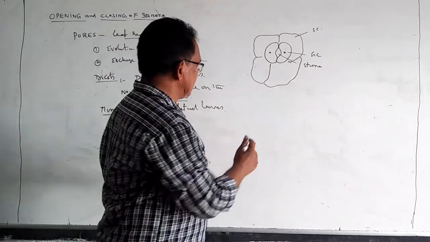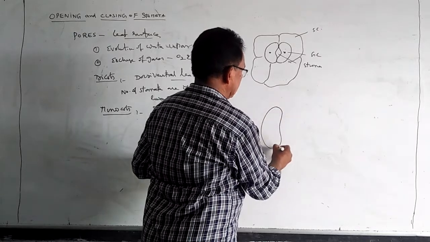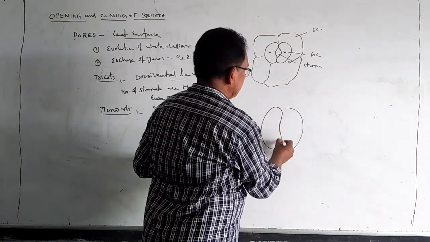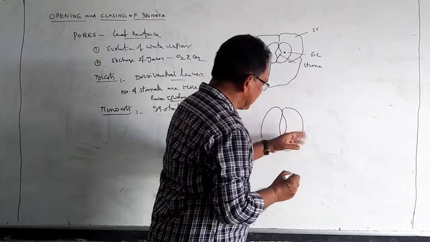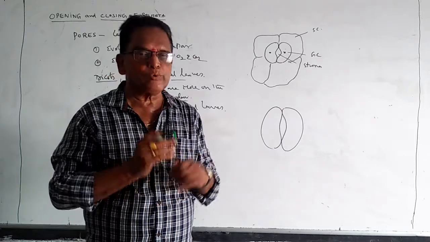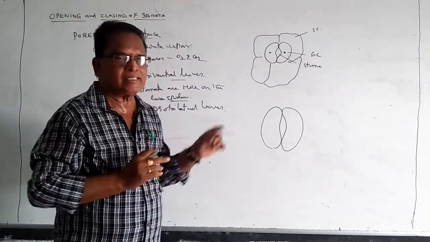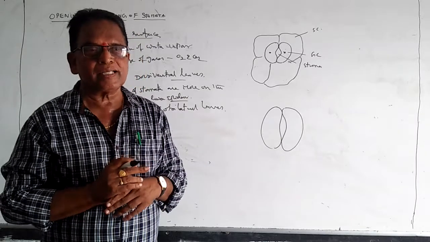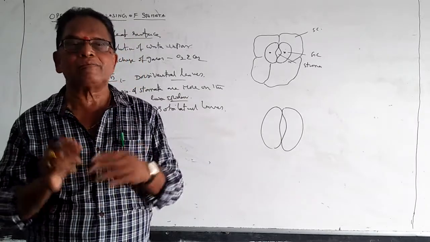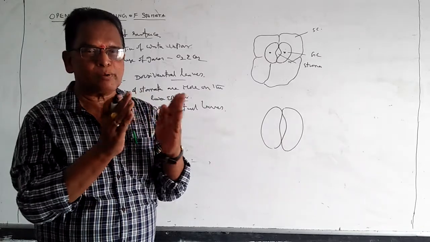And if we observe the guard cells, these guard cells are mainly responsible for the opening and closing of stomata. So the opening and closing of stomata mainly depends upon the turgidity of the guard cells. Turgidity means when the guard cells are filled with water, they become swollen and the stoma opens.